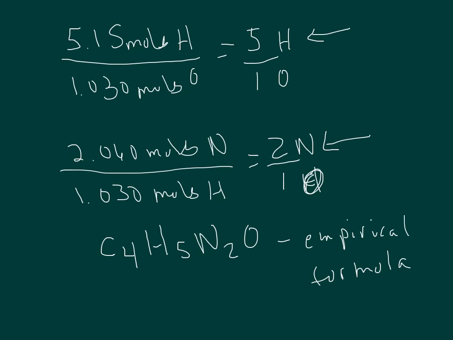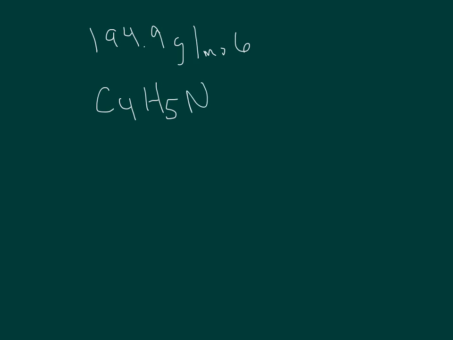Now what we need to find is the molecular formula. For the molecular formula, we need to know what the molar mass is. The molar mass, or the formula mass. So it was told that there was 194.9 grams per 1 mole. We know the empirical formula is C4H5N2O.